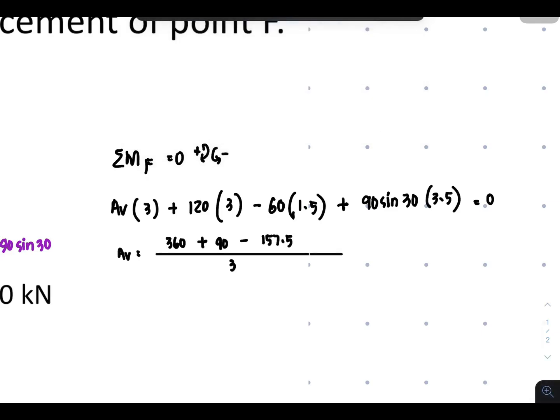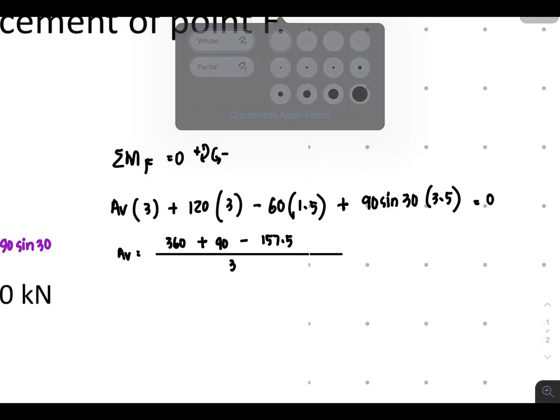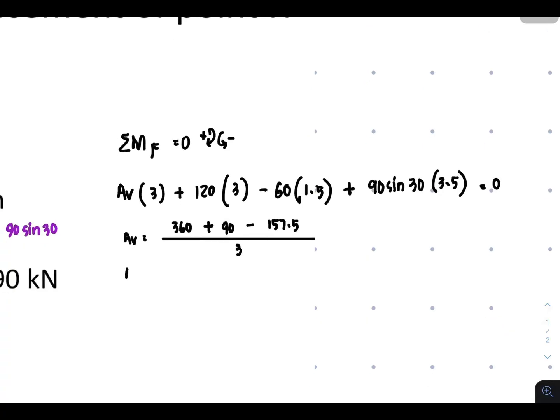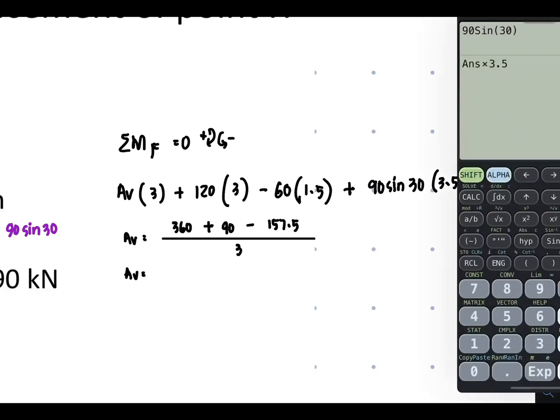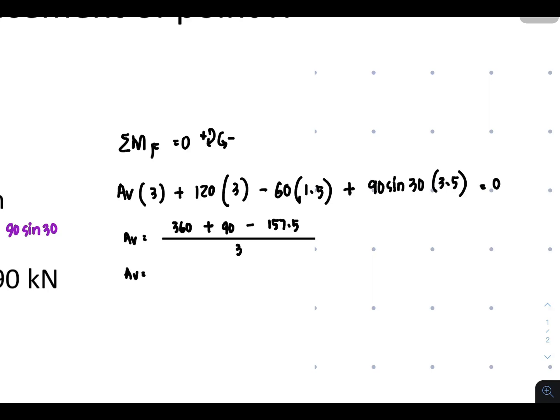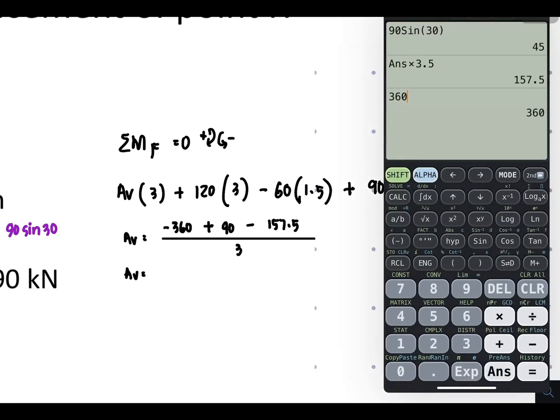So our AV is equal to negative 360, this 360 should be negative, plus 90 minus 157.5, divided by 30.